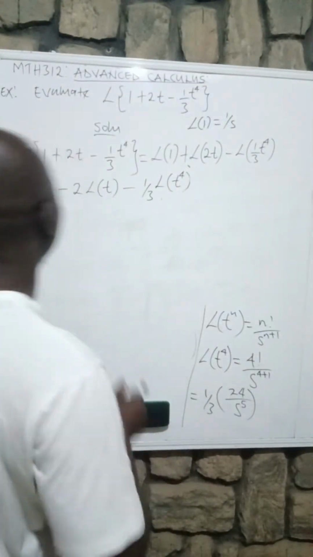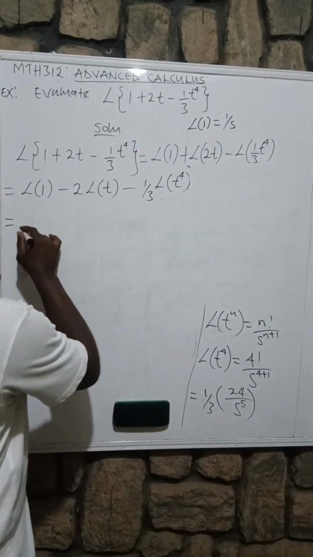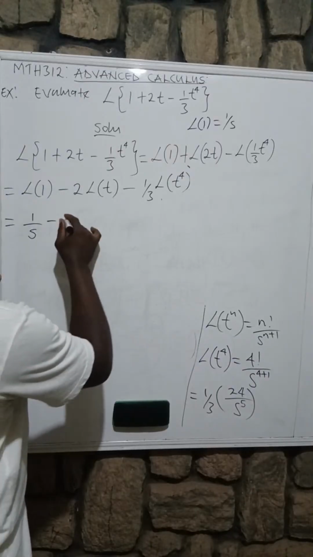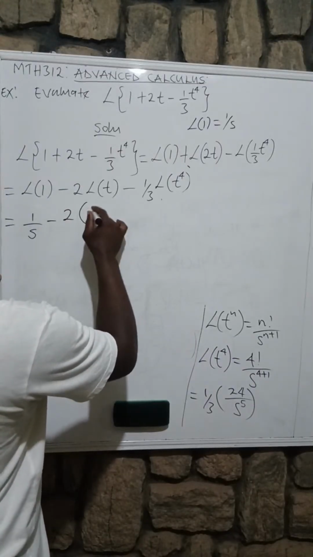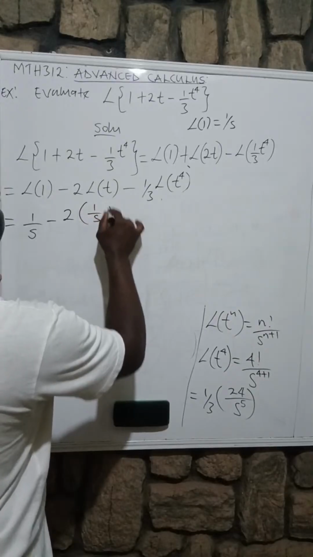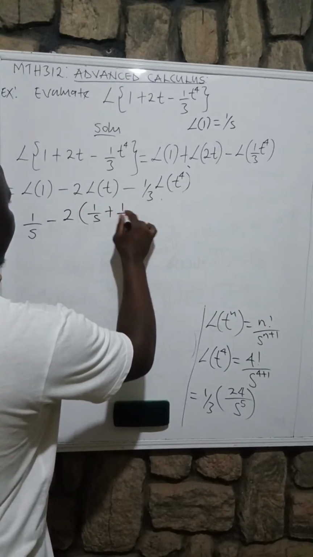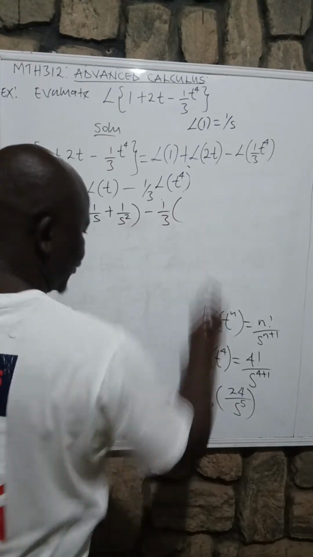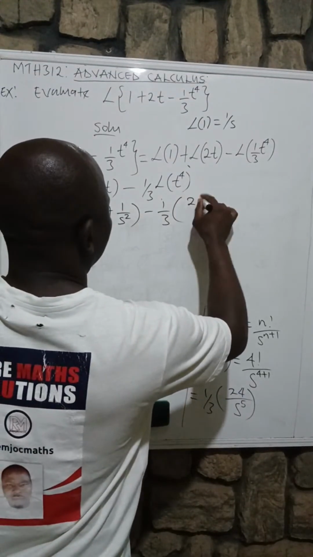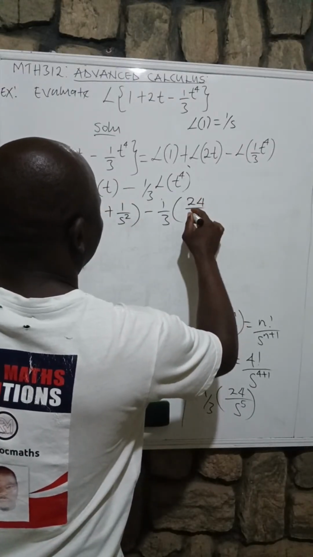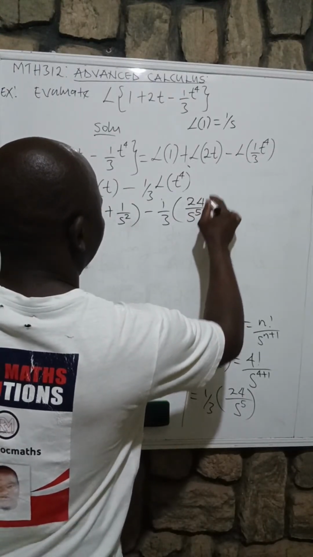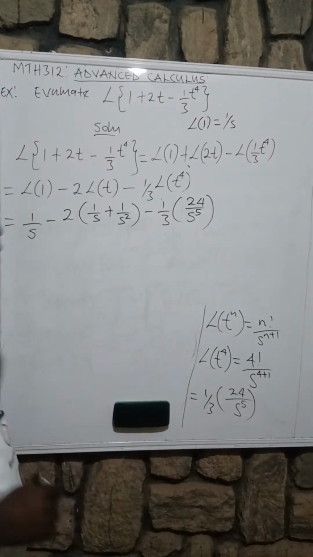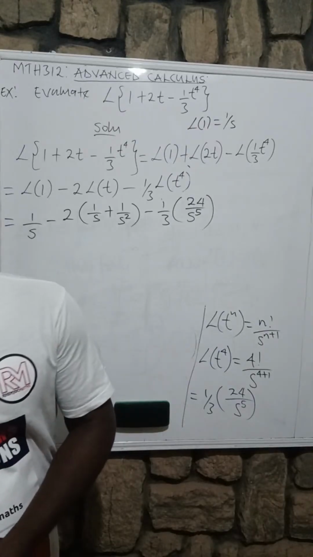Is that clear? So here will now be 1 all over s minus 2 open brackets 1 all over s plus 1 all over s squared, close bracket, minus 1 all over 3 open bracket 24 all over s raised to the power of 5. Amen? True or false? Look at the board.